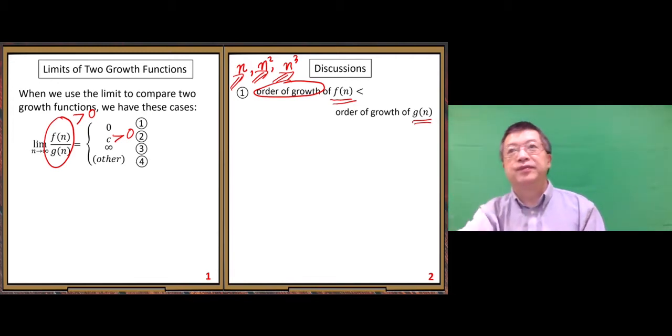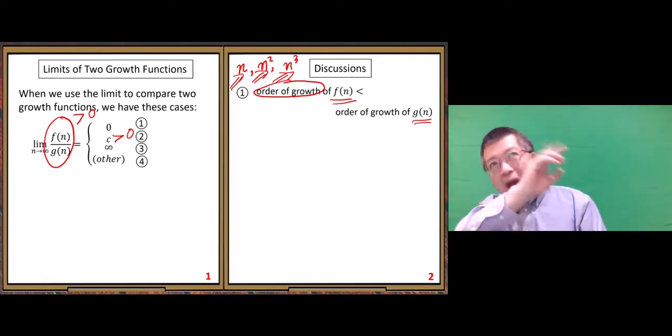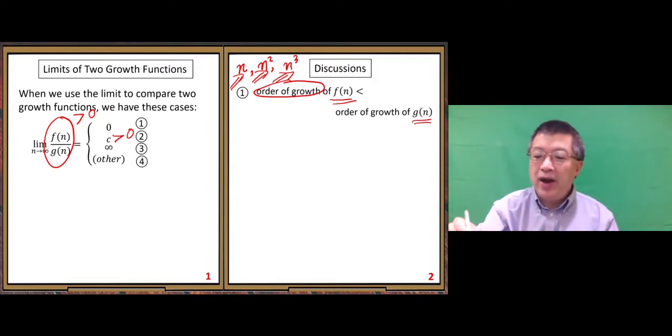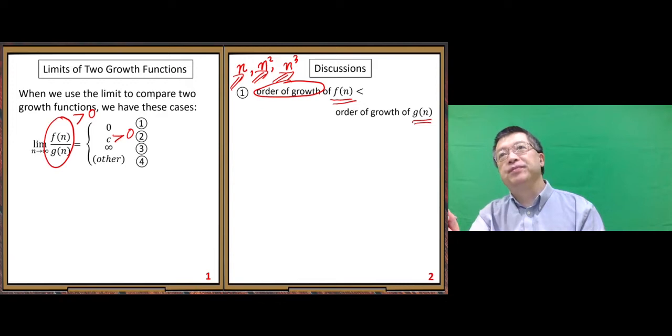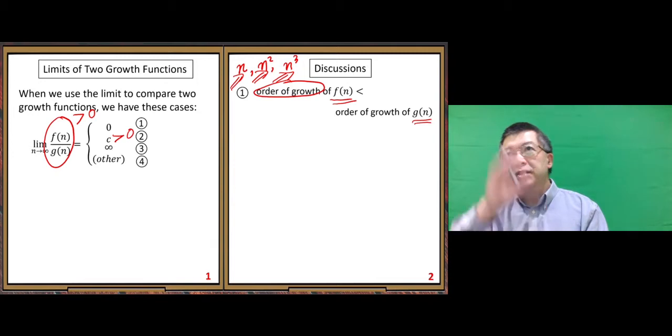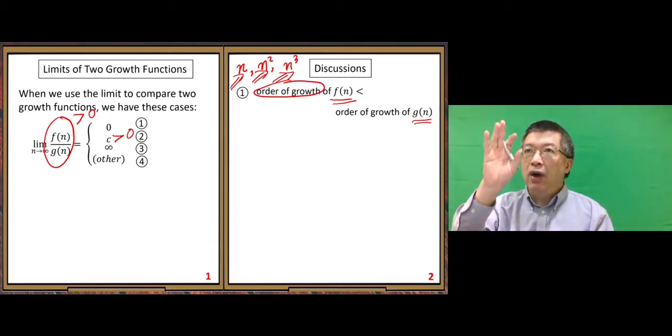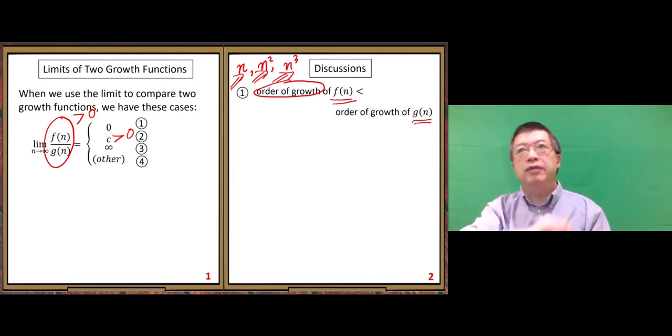If you look at that, then we can compare order of growth like this. The limit equals 0, so the order of growth of the numerator function is smaller than the order of growth of the denominator function. That's case 1.